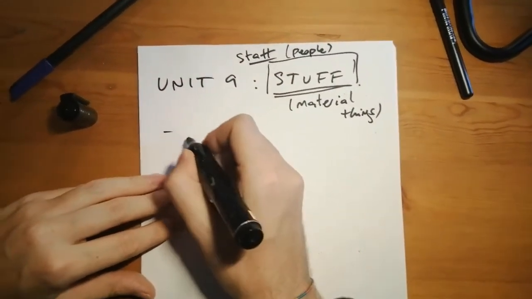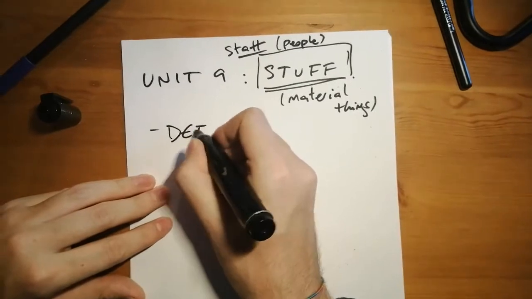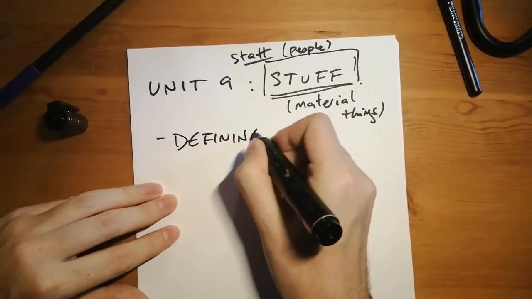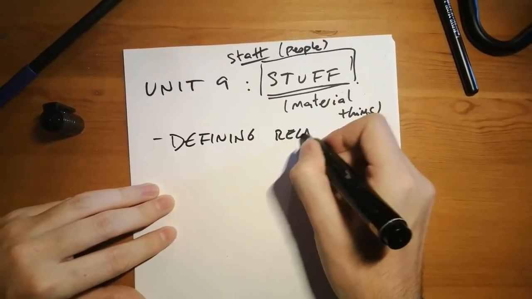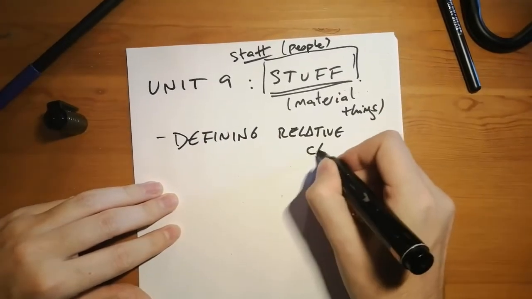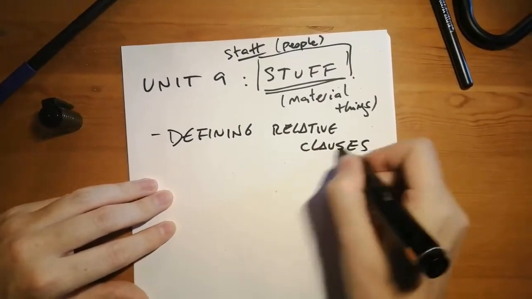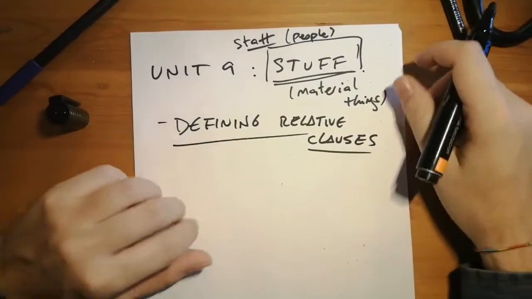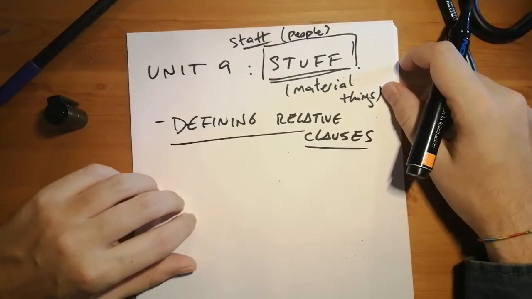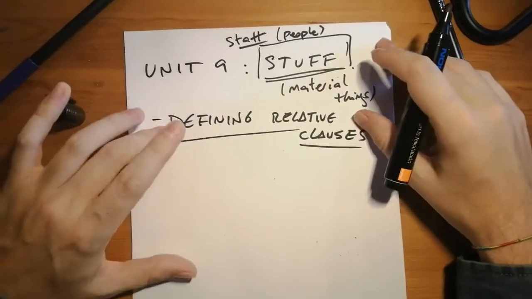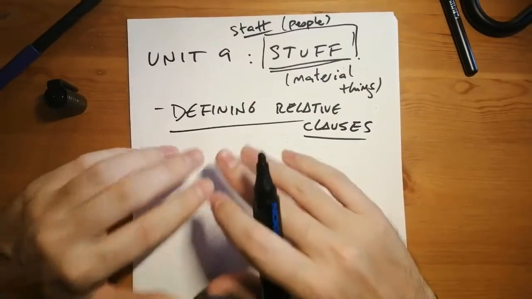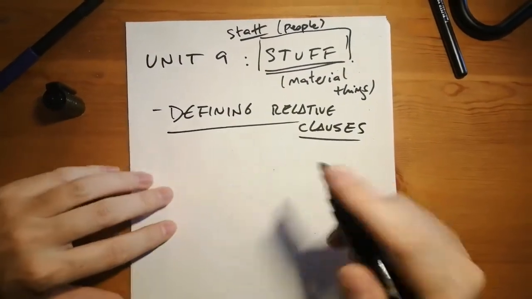So the grammar here, the first point, is the defining relative clauses, okay? In Spanish, we used to call that oraciones de relativo, something like that.